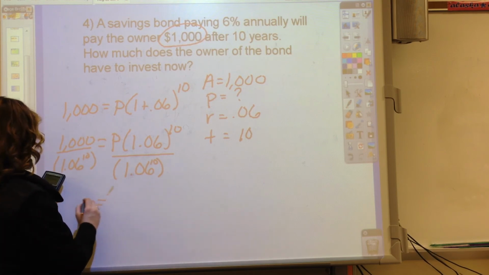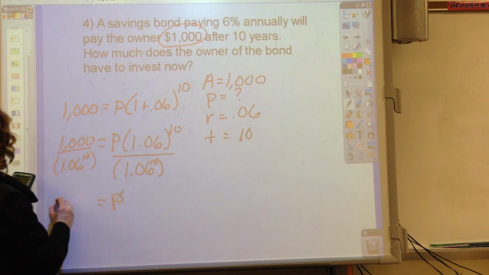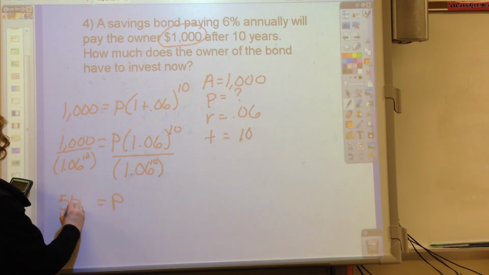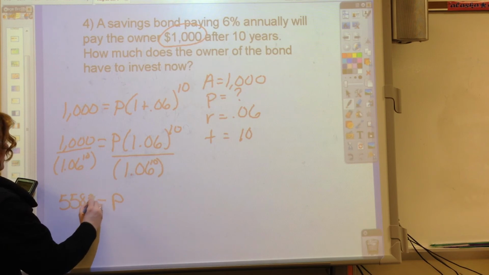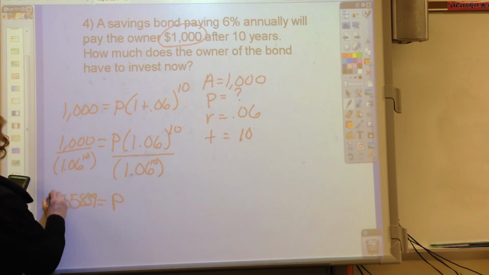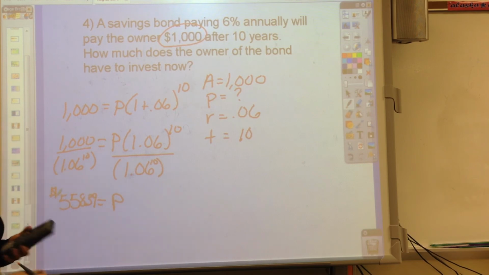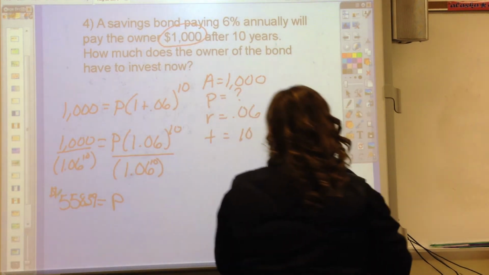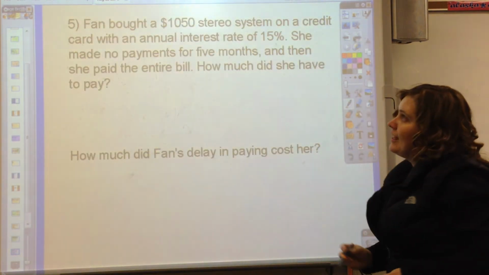And I end up with a principal amount of $558.39. So we solve for a different variable there. All right.